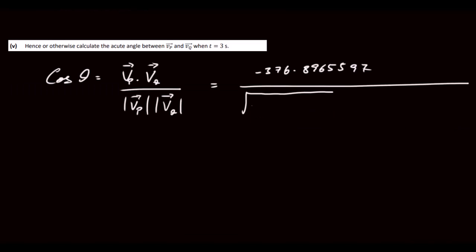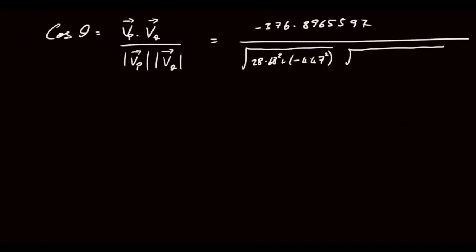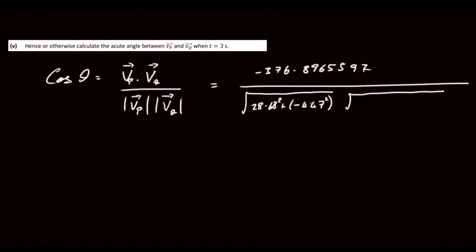So let's say 28.68 squared plus minus 4.47 squared. Then you've got to multiply that by the square root of, same thing again, these two here, which we've got to square. So it's minus 12.27 squared plus 5.57 squared.